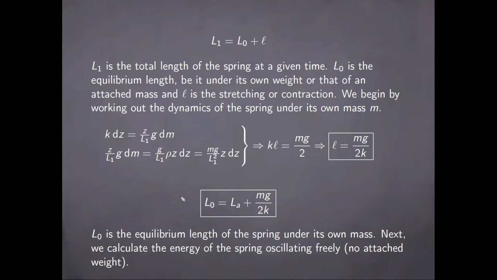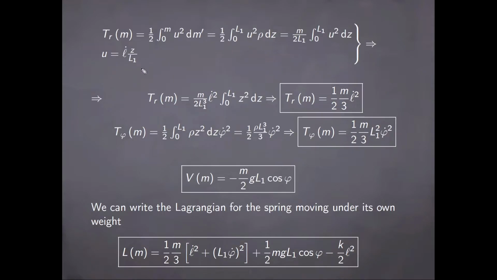And let's see. Now we calculate the energy of the spring oscillating freely with no attached weight. So I will have a radial component of the kinetic energy, for which I must consider that the squared velocity is not going to be equal for each element of the spring.